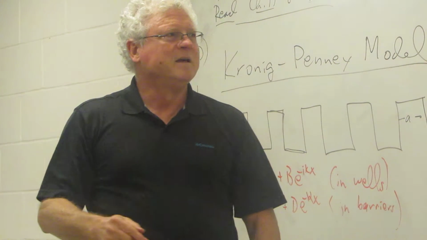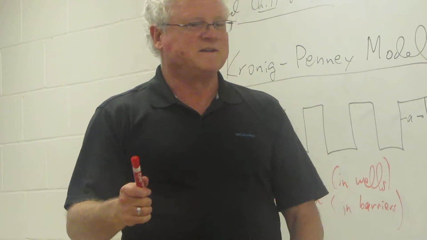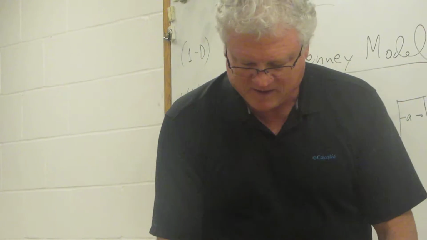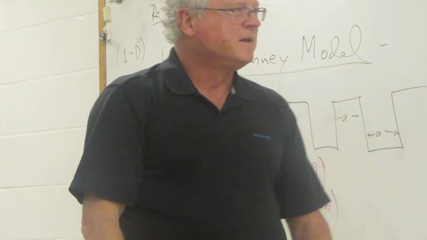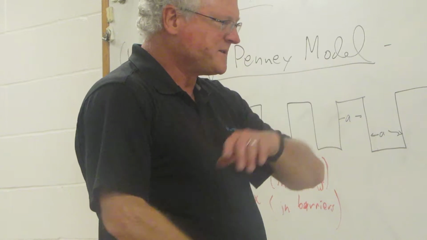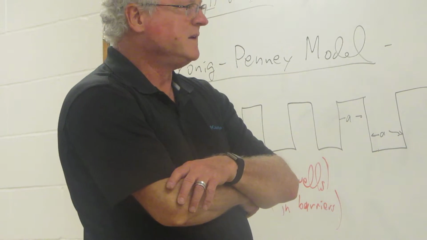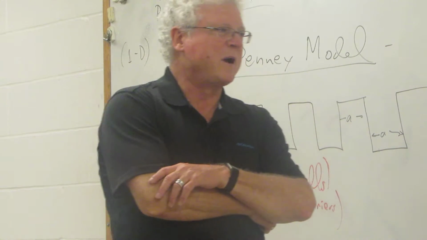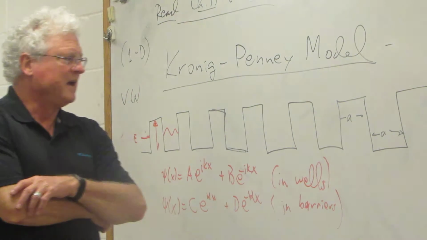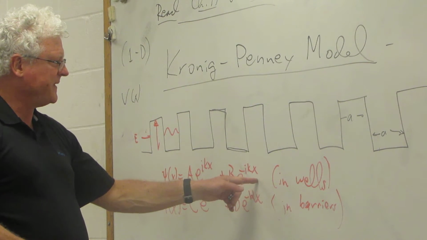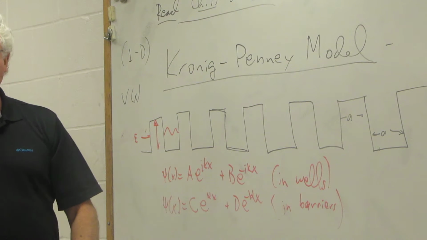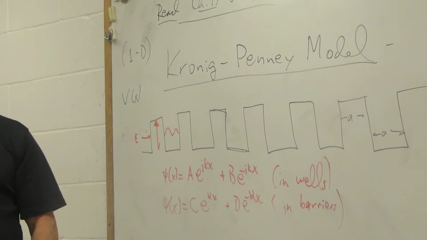Now, there's another subtlety that comes into play, and that is that in these types of periodic crystals, there's a theorem called Bloch's theorem where you can represent the wave function as a product of this kind of term, e to the ikx, times a periodic function of x.